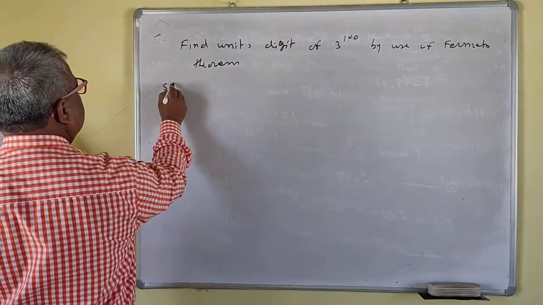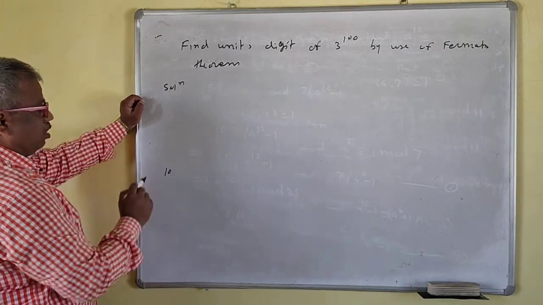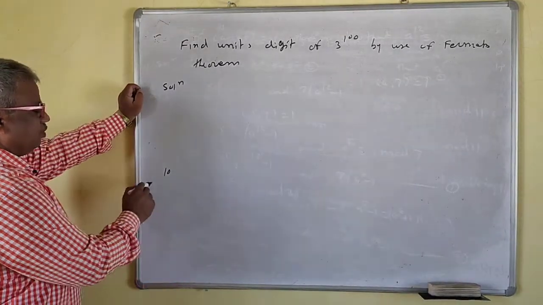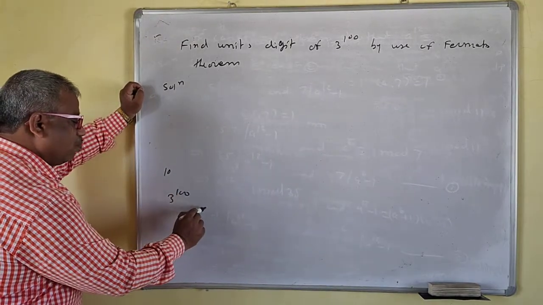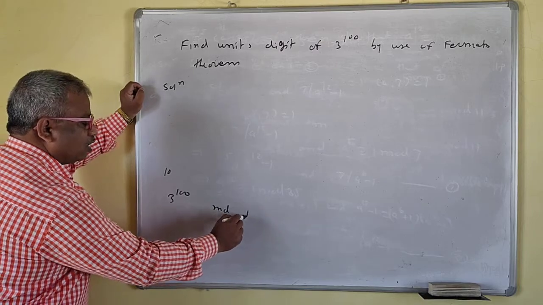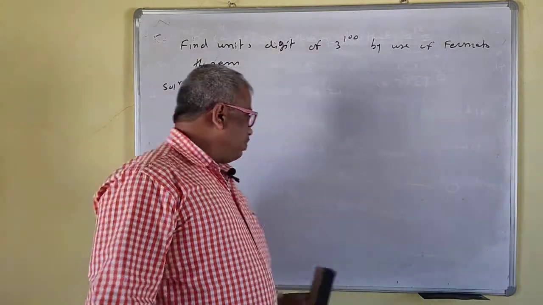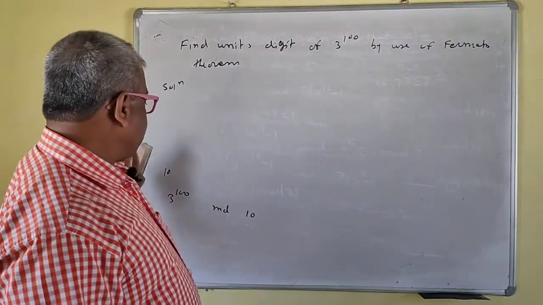Okay, solution. Unit place means the 10th place, right? So you have to write modulo 10. You have to find 3^100 modulo 10, that is, the remainder when 3^100 is divided by 10.